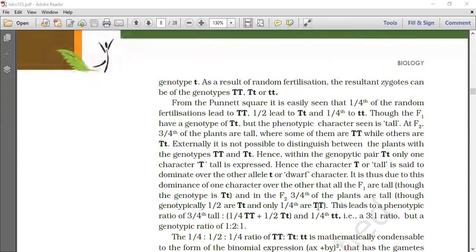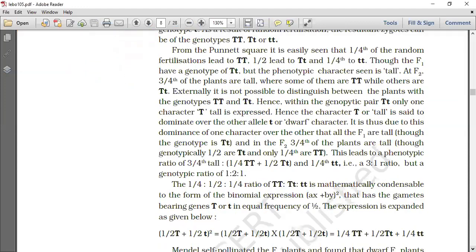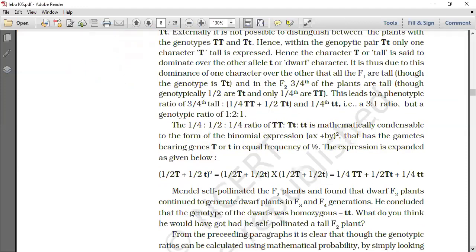Then genotypically, it is mathematically condensable in the form of a binomial expression. This leads to a phenotypic ratio of 3:1, with 3/4 tall and 1/4 dwarf, but a genotypic ratio of 1:2:1.